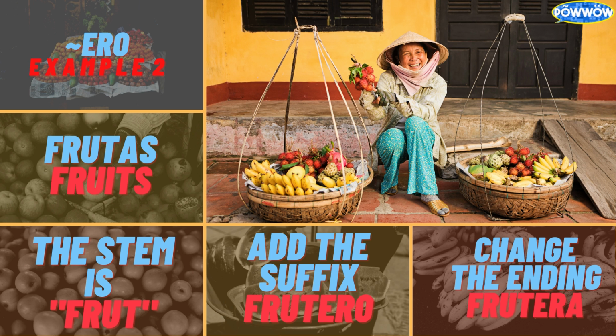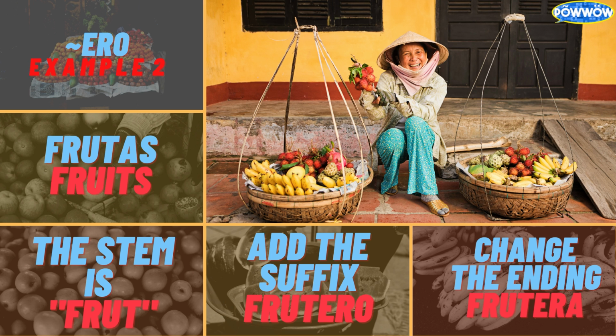Now we have to add ero to the singular form of the root word. We can't have it in plural. So frutas is plural. However, we have to change it to the singular form before we can add our suffix on it.